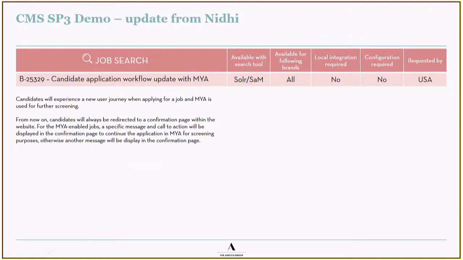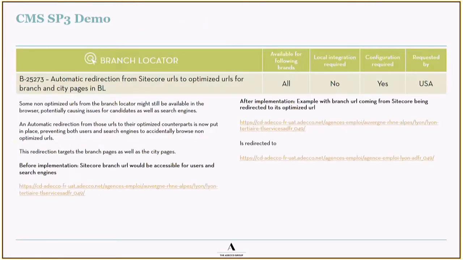Any other question? All right, let's go to the next user story. Next and last user story requested by USA, again related to the branch locator.